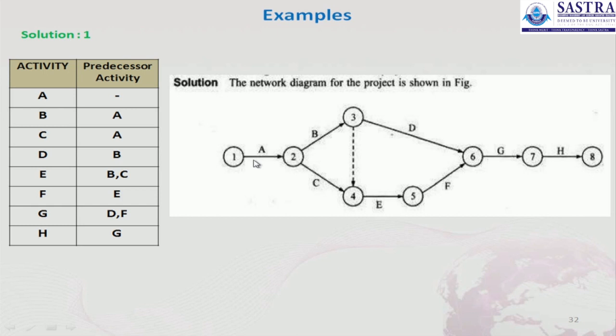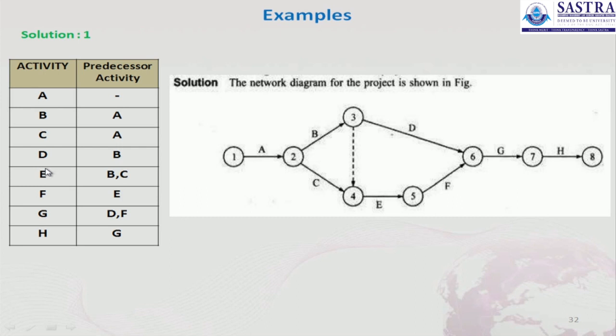The next activity is B, whose predecessor is A, and the next activity is C, whose predecessor is also A. So from A we draw activities B and C, which are displayed as nodes 3 and 4. We have completed A, B, C.